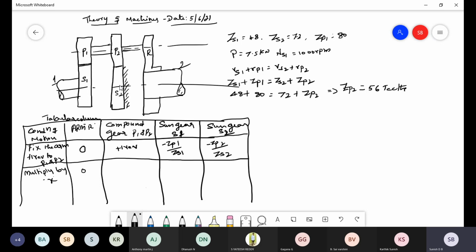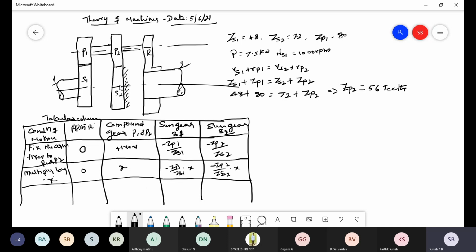Then the compound gear, previous value is 1, 1 into X, X. Then sun gear S1, previous value is minus ZP1 divided by ZS1, into X. For gear number 2, previous value is minus ZP2 divided by ZS2, multiply X. Then you go for the third condition.